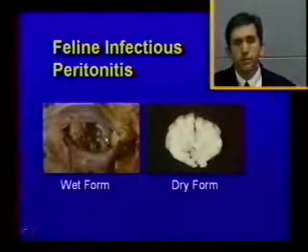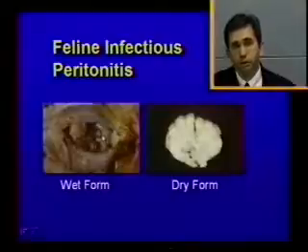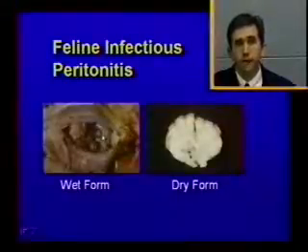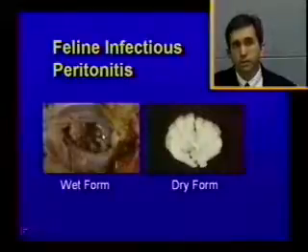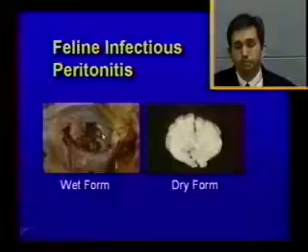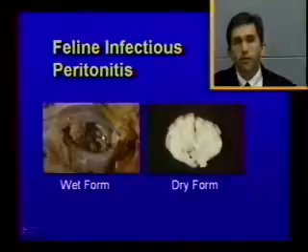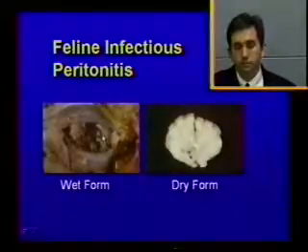And if we had seen this when it was first opened, we would have seen that it was full of fluid. This fluid is straw colored, in other words, it's tan. It is very viscous, in other words, sticky, and it may have some cells in it which would make it cloudy. And this is the wet form of feline infectious peritonitis, and it affects the abdomen and the thorax.